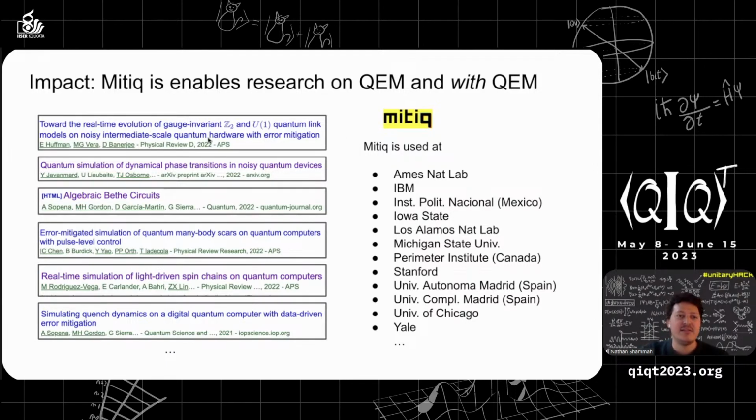For example, in this case, a plaquette model was implemented on a quantum computer for quantum field theory simulation, and the results were improved by the use of zero noise extrapolation. Here is also a list of researchers and various institutions that use Mitiq to advance their research. I think I don't have time really to go into further details with respect to the other research topics.